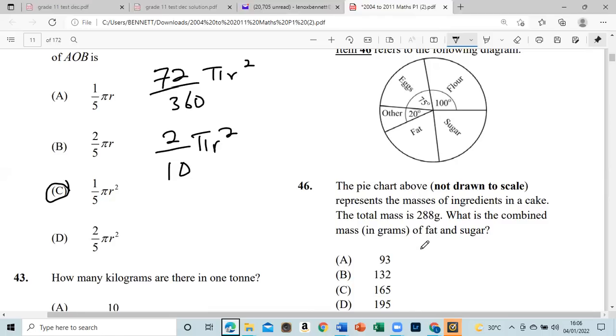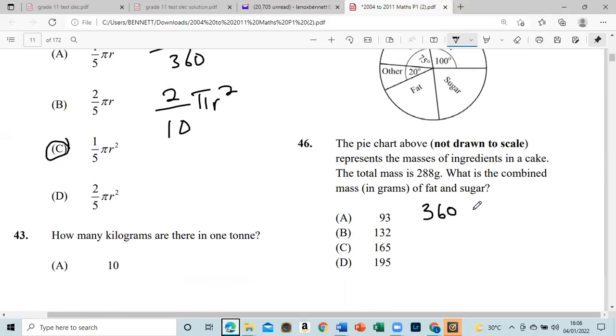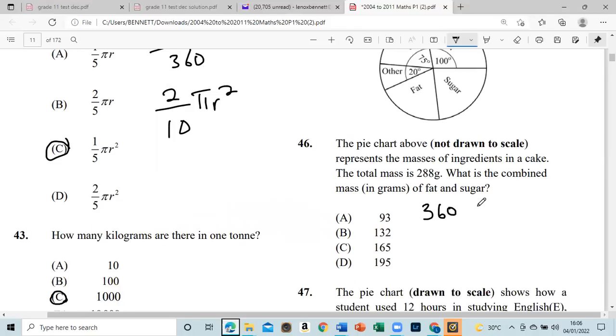Could I do it the other way? Could I use the 195 over 360 times the 288, but then you have to subtract it out. So it's 360 degrees because the circle measures 360 degrees, minus 195.